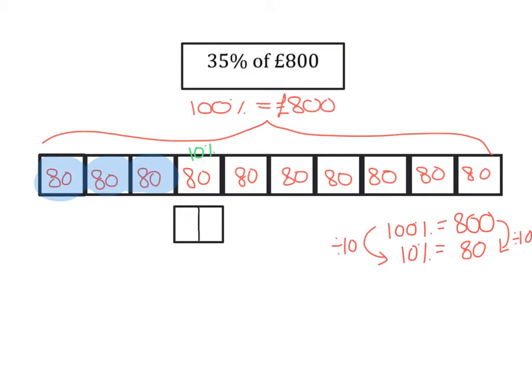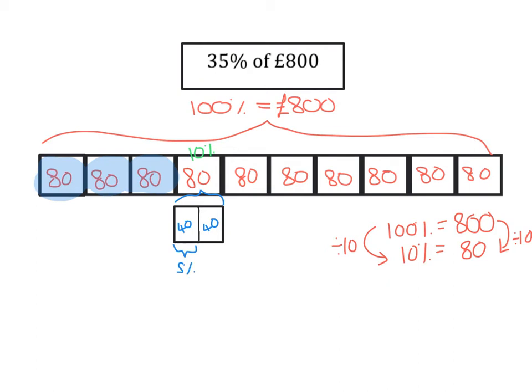So that 80 there needs to be split. Let's do that in a different colour so it's clearer. Needs to be split into those 2 boxes. So that means that's going to be 40 and that's going to be 40. So this here is now 5%.